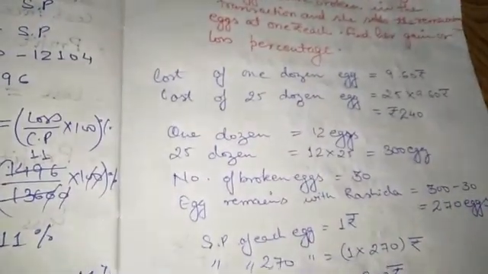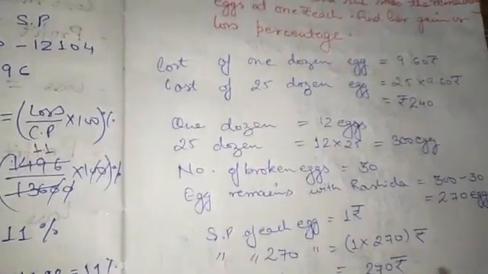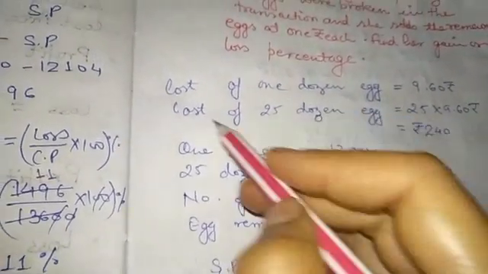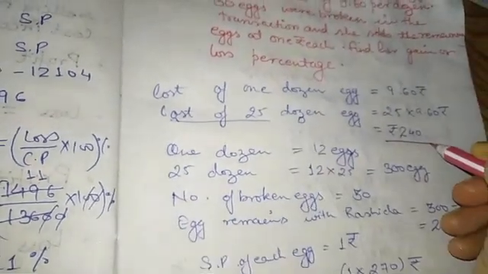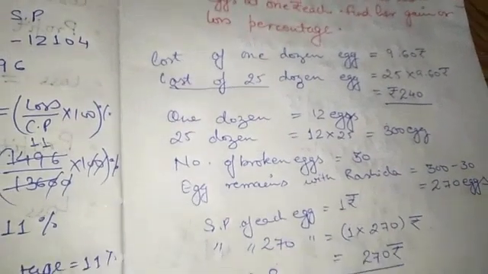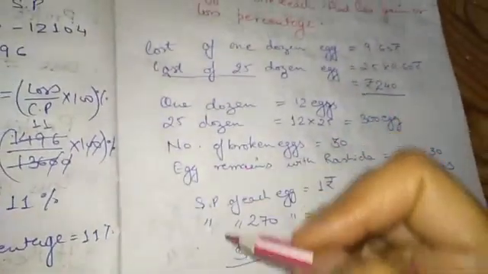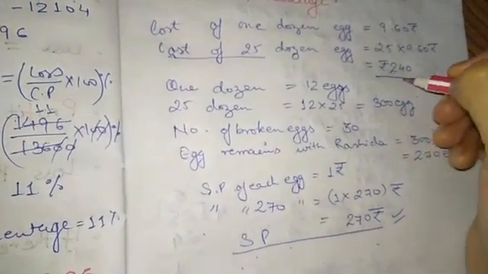Here we can see that the selling price of the eggs is 270 rupees and the cost of 25 dozen eggs is rupees 240. Cost price is 240 and selling price is 270. So we can easily see here the SP is greater than CP.